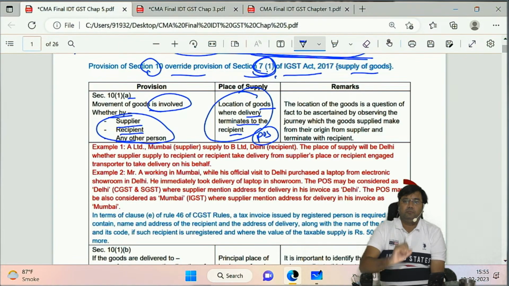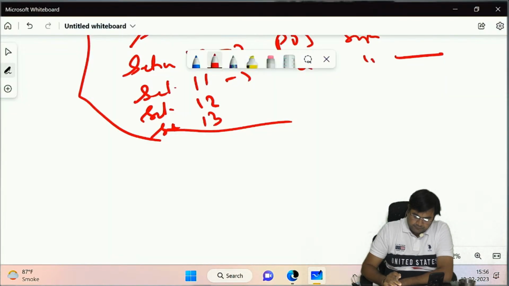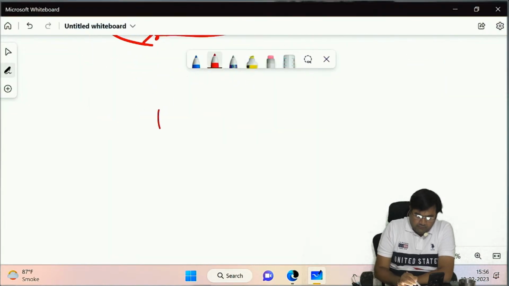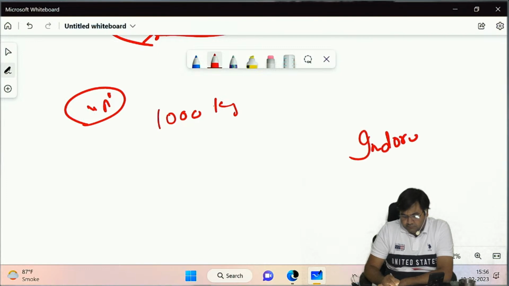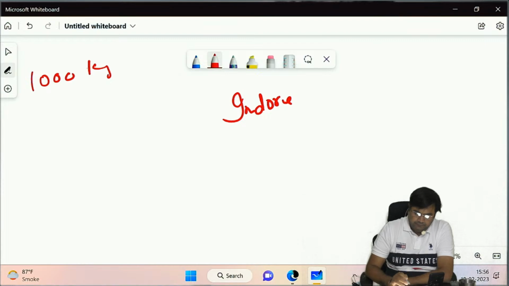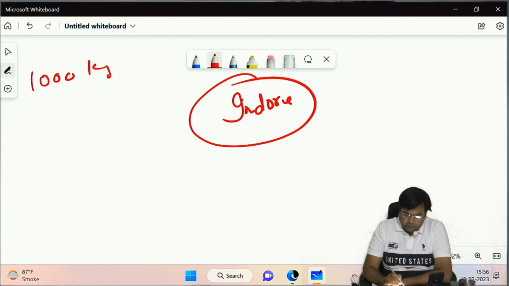You would like to buy raw material A, 1000 kg. Okay, you want raw material A 1000 kg, and your factory is in Indore. Now you checked this material in entire India and finally you got a good offer from Hyderabad.